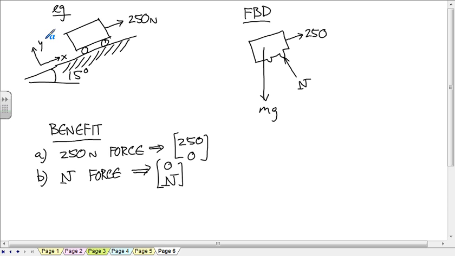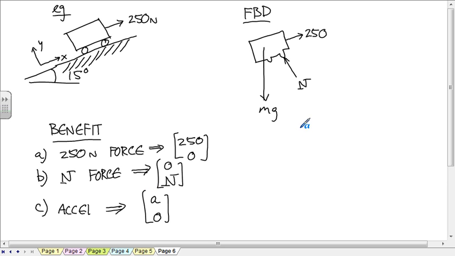Okay. And the last benefit, it doesn't show up in the free body diagram, but the acceleration is parallel to the surface. So the acceleration vector is a, 0. Okay. So that's 3 benefits.